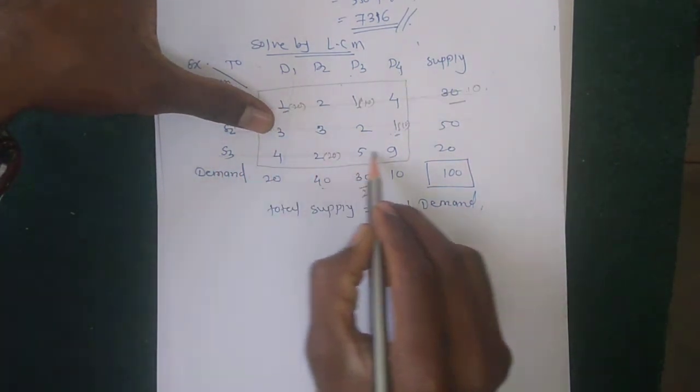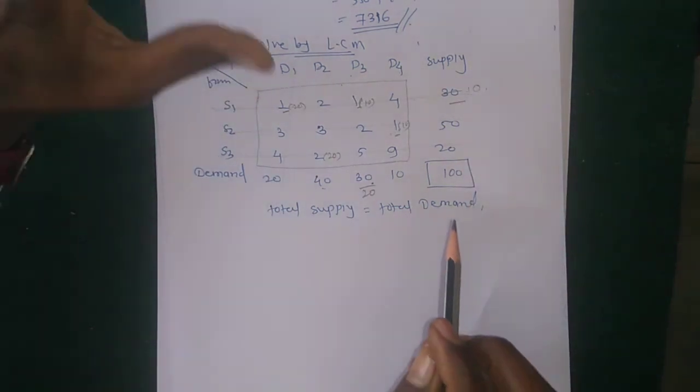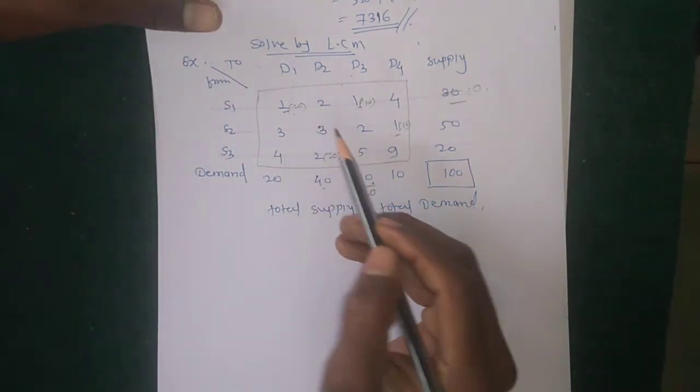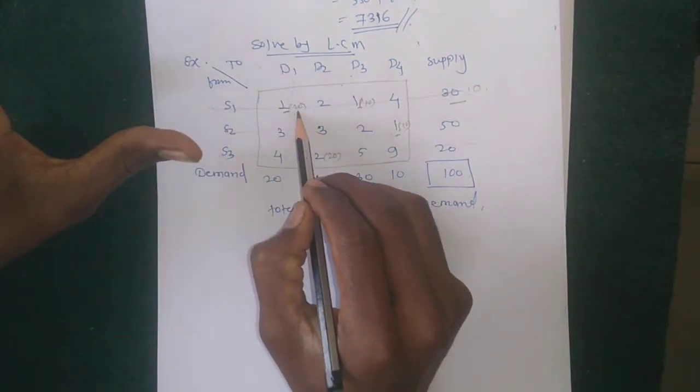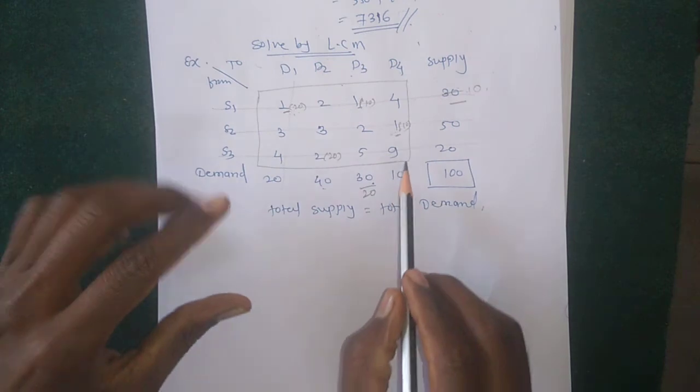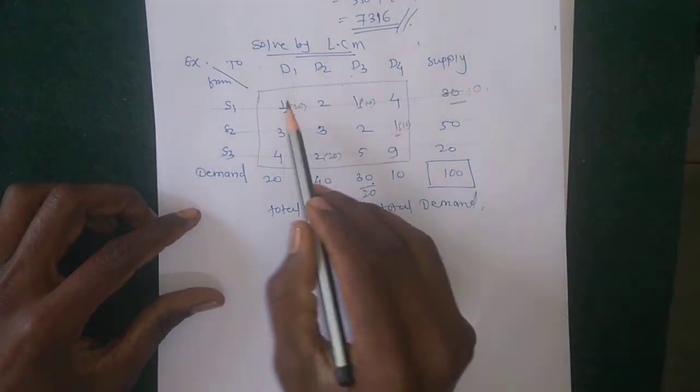If we select this smallest number, the number of allocations is only 1, 2, 3, 4.